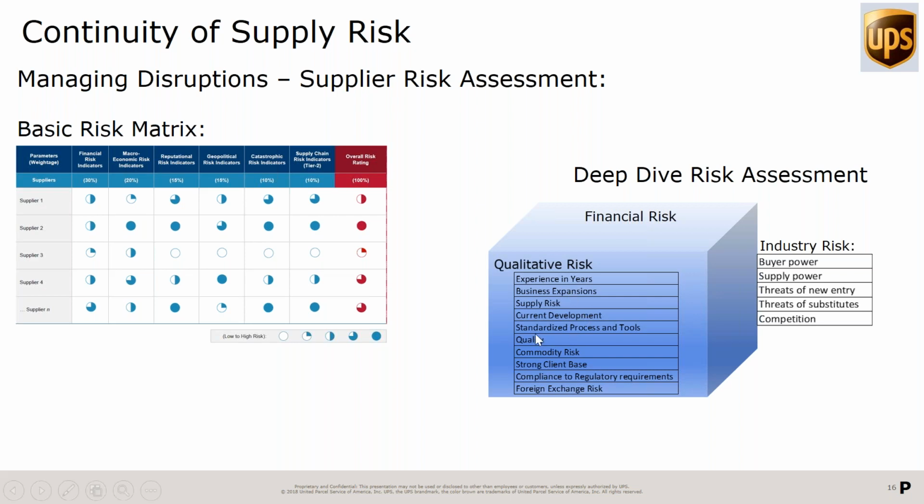Examples include process controls, the number of years in business, any business expansion plans they have, as well as compliance and the type of customers that they service. And then overlaying that with industry risk for the supplier based on their main product line.